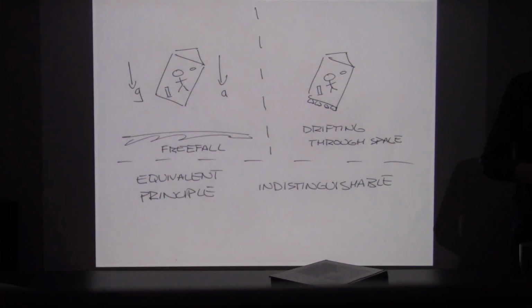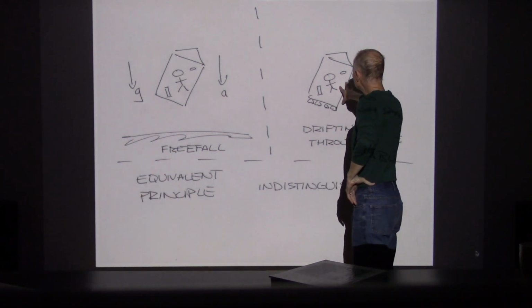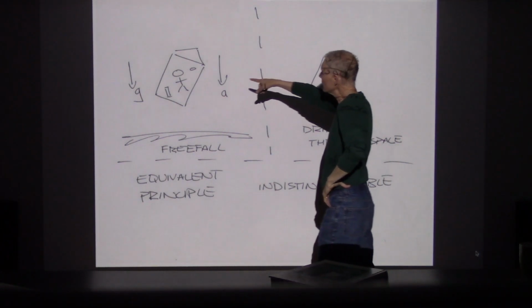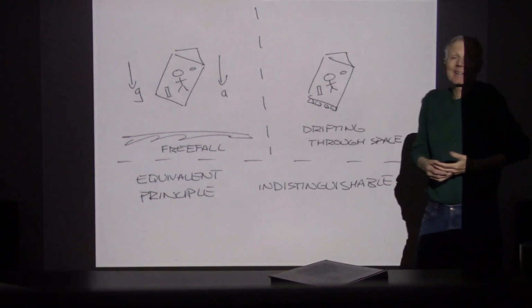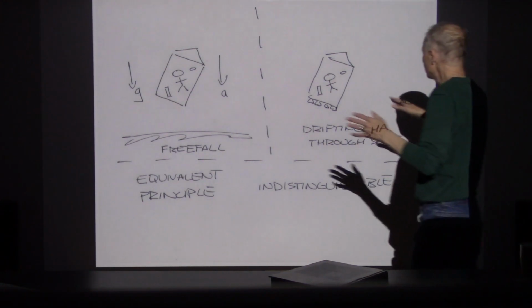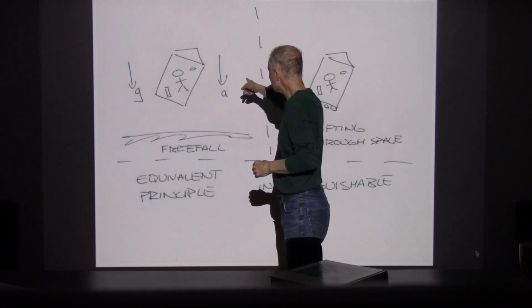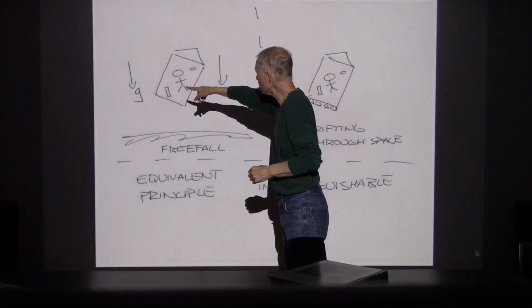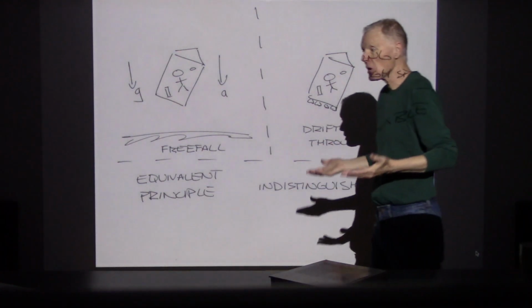So it could be the astronaut this time is wondering, am I out in space just drifting, or am I just about ready to crash into a planet and I'm just in free fall? Because I can't tell the difference, right? In this drifting through space, everything's just floating around, maintaining constant velocity in some direction. And in this case, there is an acceleration taking place, matching the gravitational field, and as a result, the effects of gravity are not noticeable.